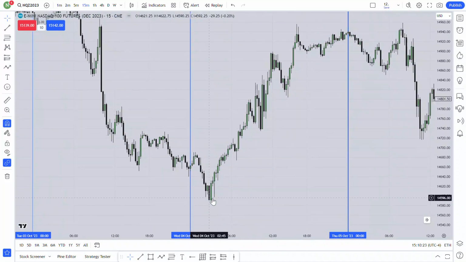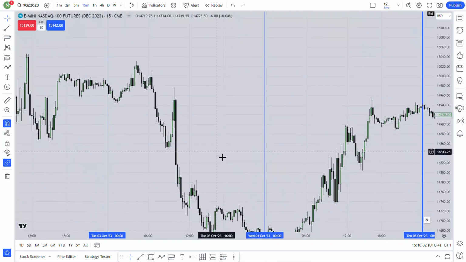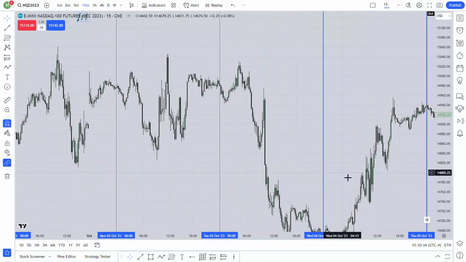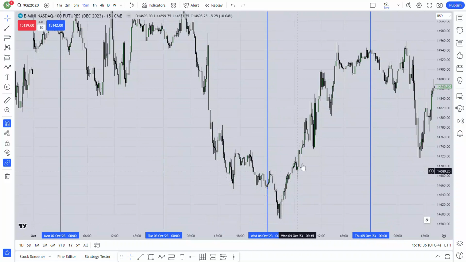What has Wednesday done? Our analysis was telling us, my expectation was, that the market will go lower, but in the meantime the market was actually too low from here, so the market went a little bit higher. On Wednesday we get a higher run. Just look at this run, how nicely it has done.